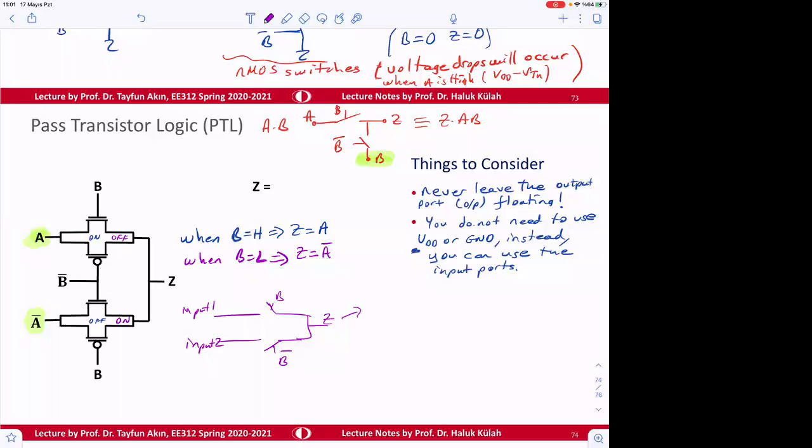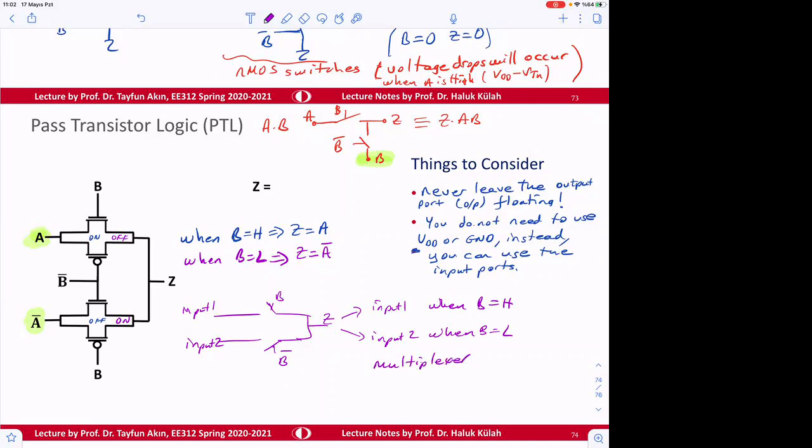Z is going to be input 1 when B is equal to high, and then it's going to be equal to input 2 when B is equal to low. So we have achieved a multiplexer here.